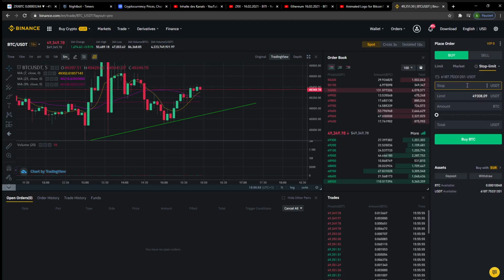That's very important for you guys. The stop should be on this point, 48,950. And now it's the limit, and I think it's a little bit confusing. I would like to tell you about the limit.